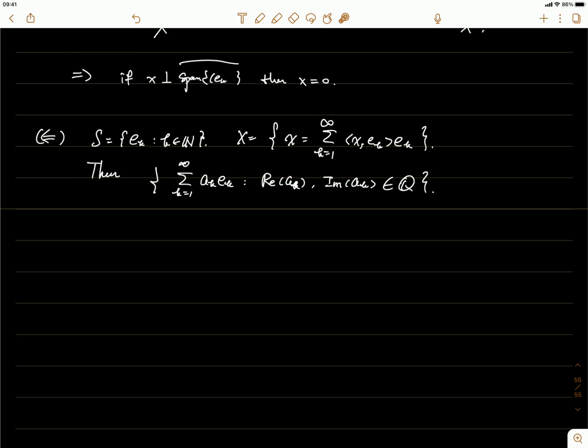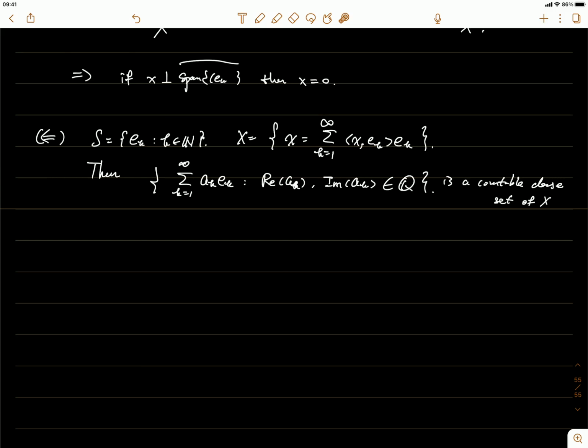So you can see that this will form a countable dense set of X. Countable is because these coefficients are actually from Q, and it is dense because every complex number can be approximated by some number ak like this.